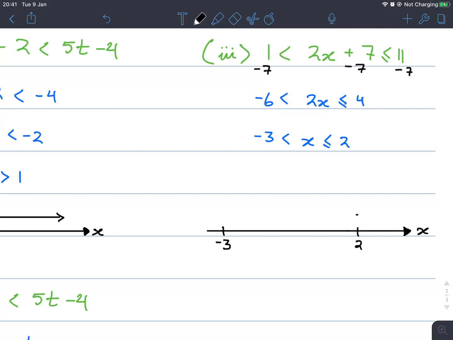So x is less than or equal to 2, solid, because it's a less than or equal to, but it is greater than -3. So it's pointing this way to the right, but this way to the left. So if you notice that they both meet, and it's just this region that x is in, right? Not including -3, but including +2.